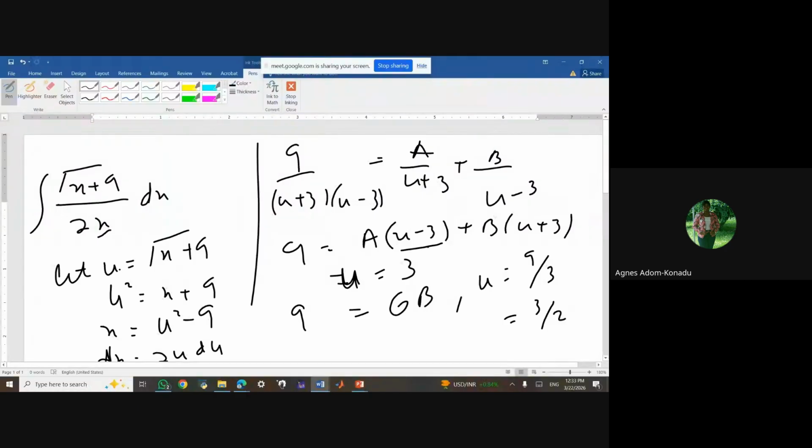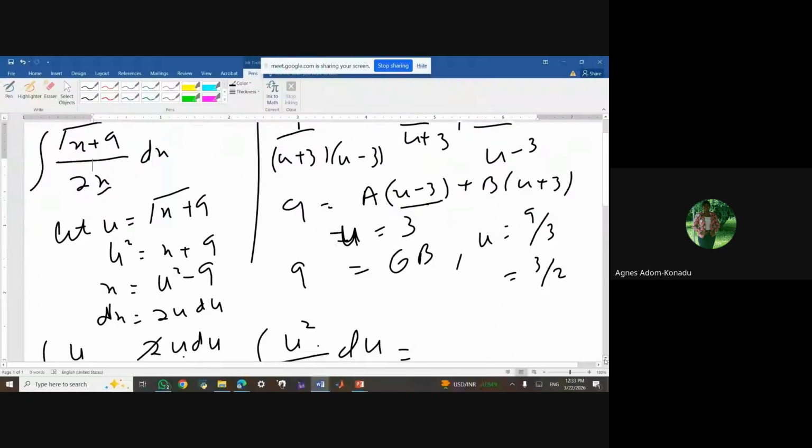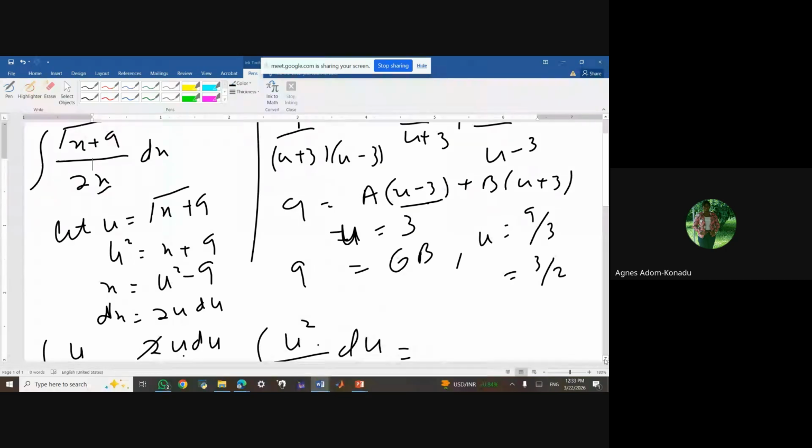So I have to change my x here to u. To do that, we can square both sides to get u squared is equal to x plus 9. Then I make x the subject, so my x is u squared minus 9. Then I have to change my dx to du.